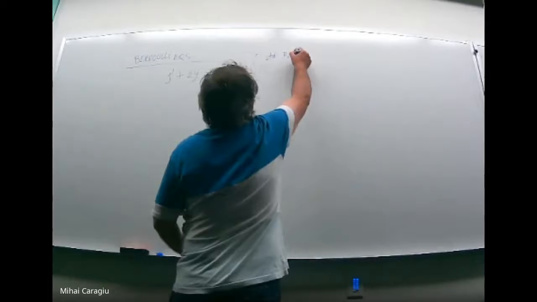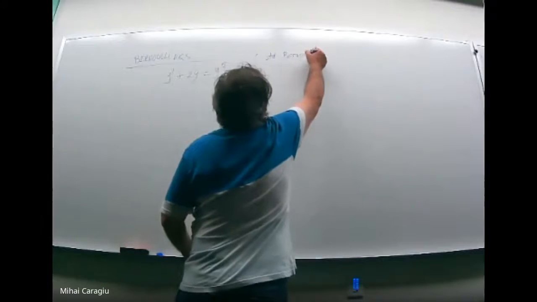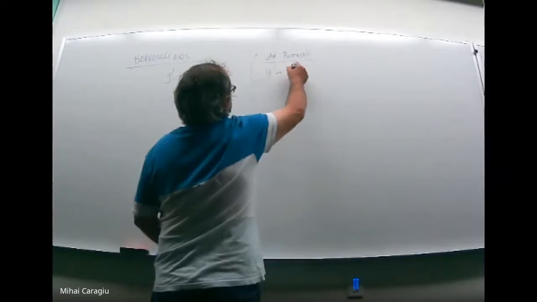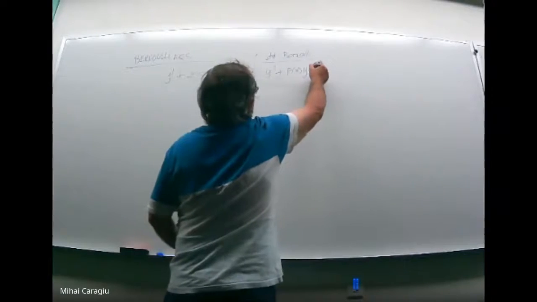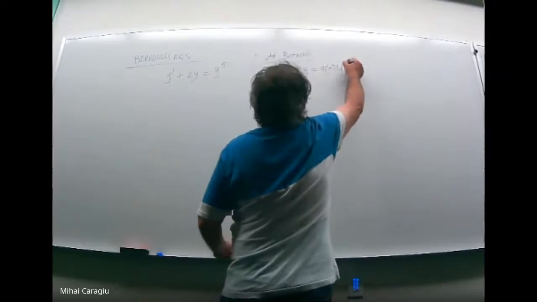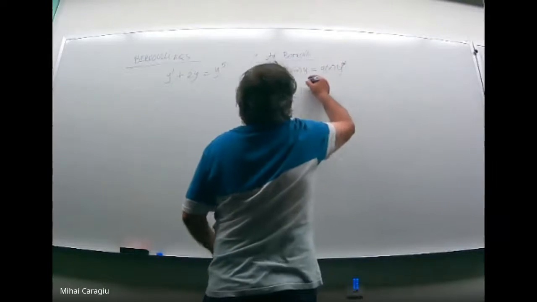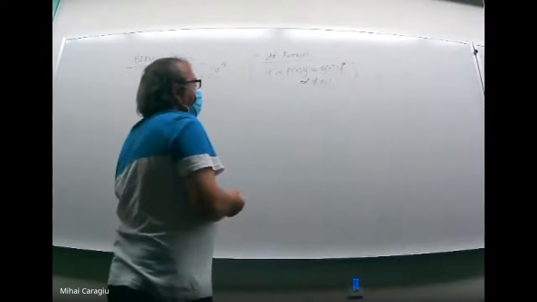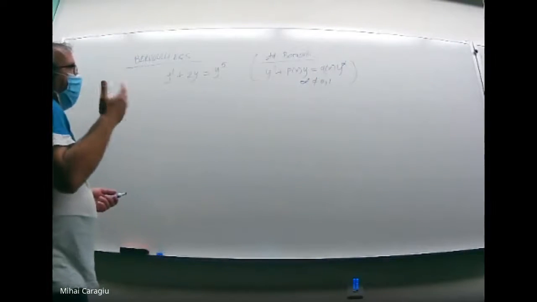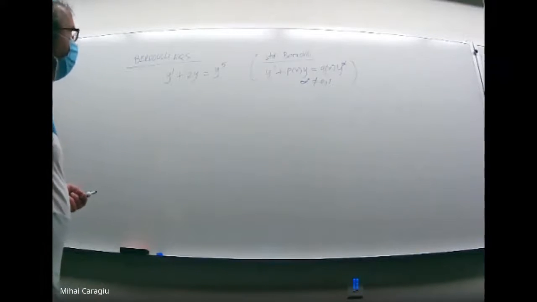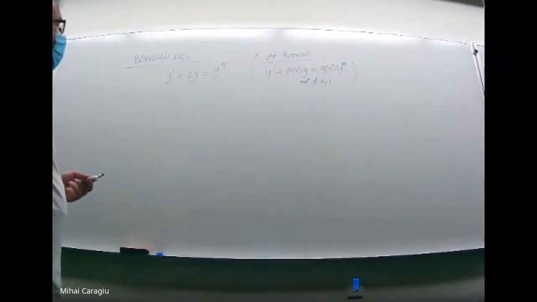Standard Bernoulli form is y prime plus p of x times y equals q of x times y to the power alpha, where alpha is not 0 or 1. We put this condition so that we don't really get a linear first order equation, because we already know how to solve linear first order. It's a genuine non-linear equation.